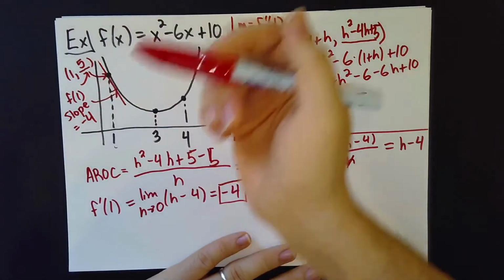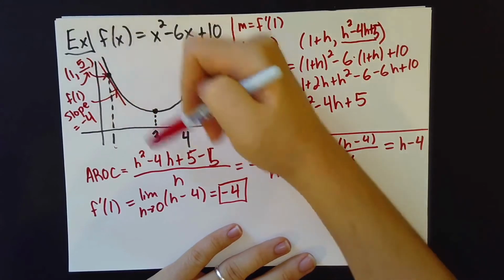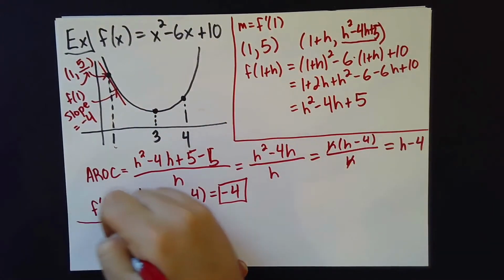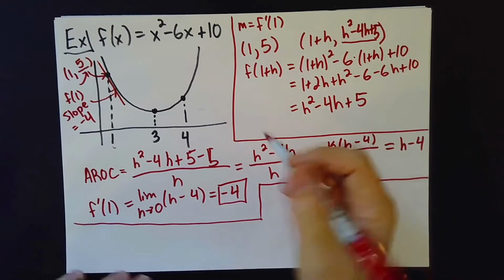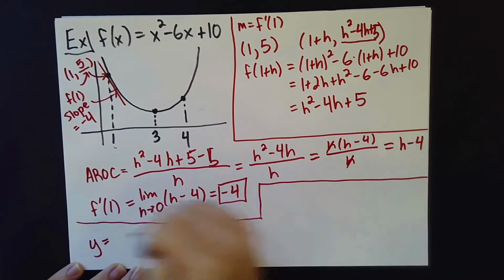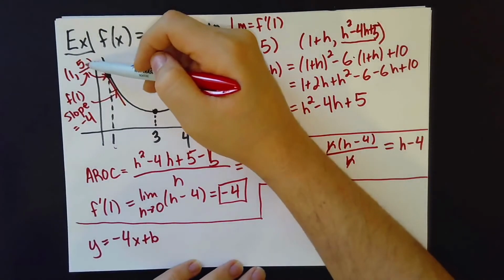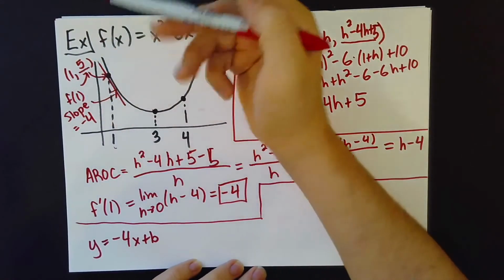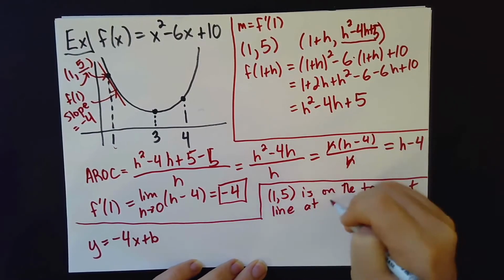And that, in fact, gives me plenty of information to calculate the equation of this line, because I have a point and I have a slope. So the equation of the tangent line now has to look like y equals minus 4x plus b. But key fact, the tangent line at (1, 5) has (1, 5) on it. So this is something we're going to end up using a lot.